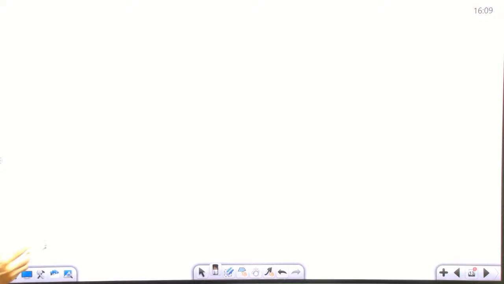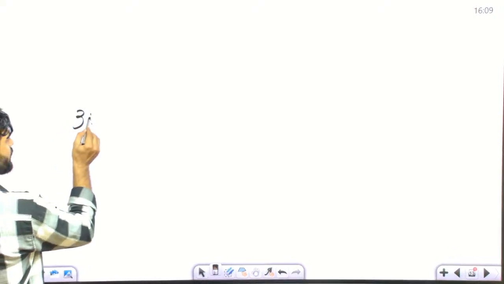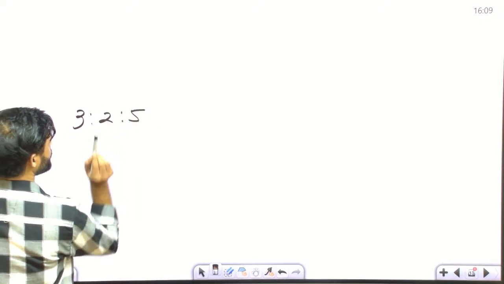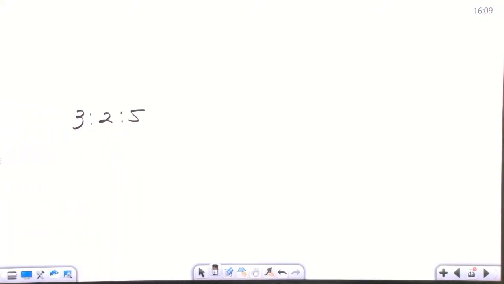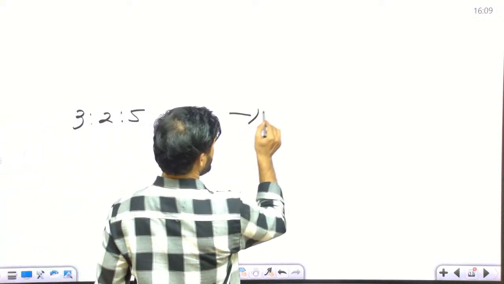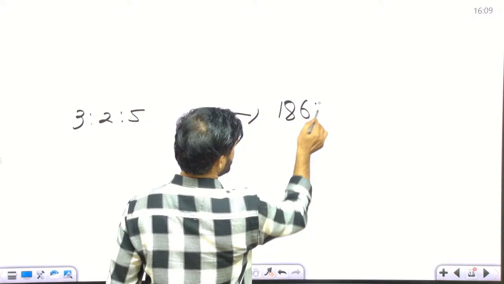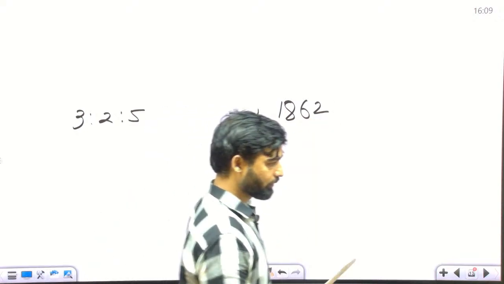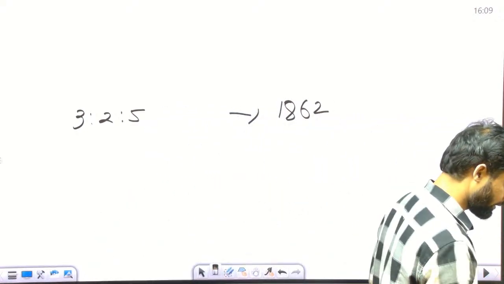Three numbers are in the ratio 3 is to 2 is to 5, and the sum of their squares is 1862.